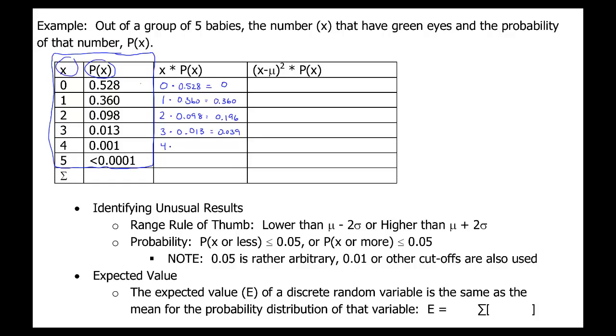And we just keep going. You'll notice the probability for the last row says less than 0.0001. I'm just going to use 0.0001 as the probability.